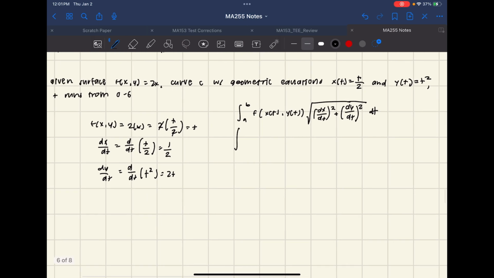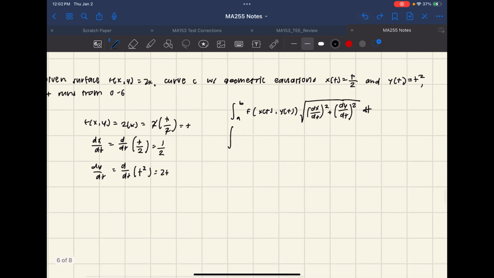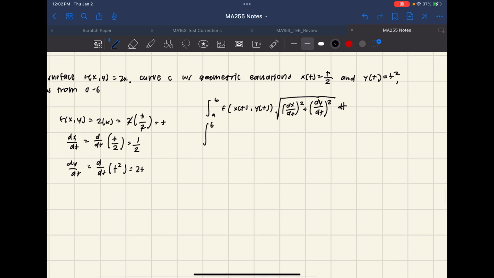We're told that t runs from 0 to 6, so we're going to evaluate our integral from 0 to 6, plug these values in, and evaluate this integral.